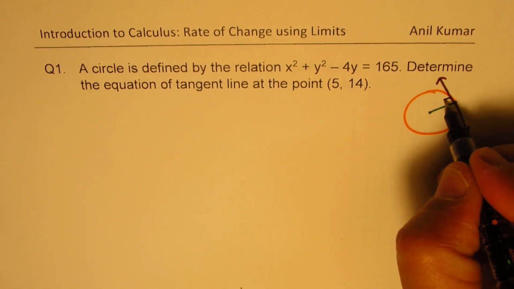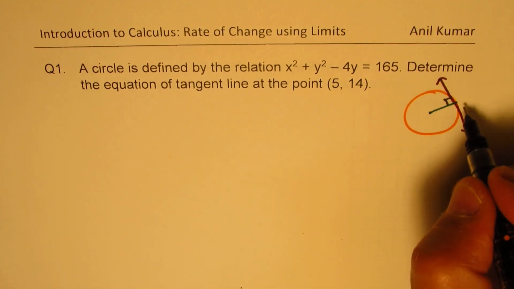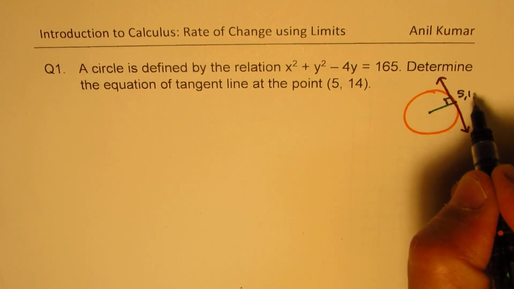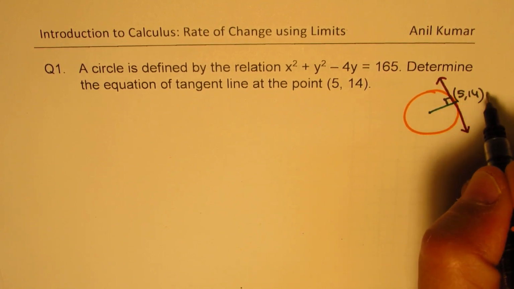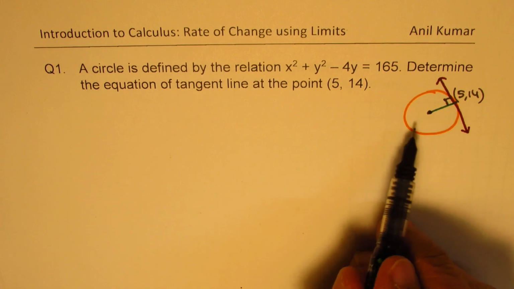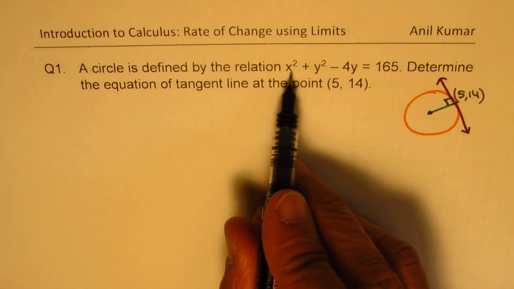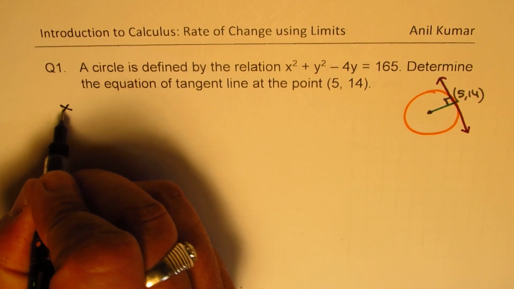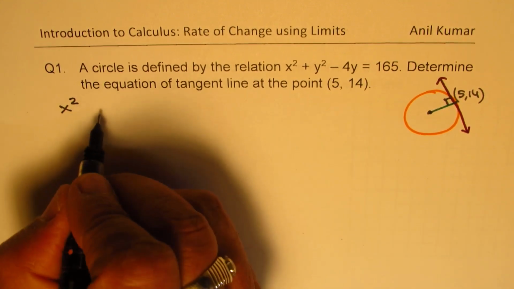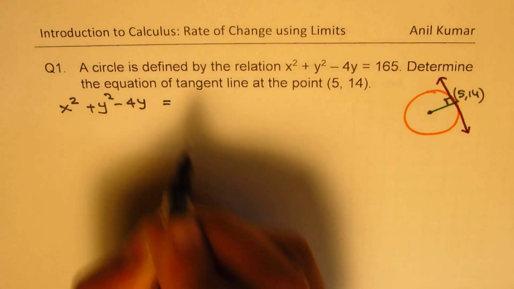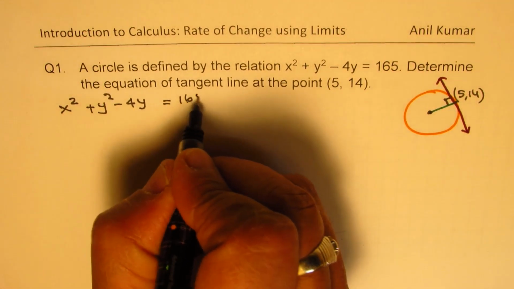So knowing the slope of the radius, we'll know the slope of the tangent, and then we can find the equation, since we know this point, which is (5, 14), lies on the circle. So first part is to find the center of the circle, which we can find by completing the squares. We are given the equation x squared plus y squared minus 4y equals 165.